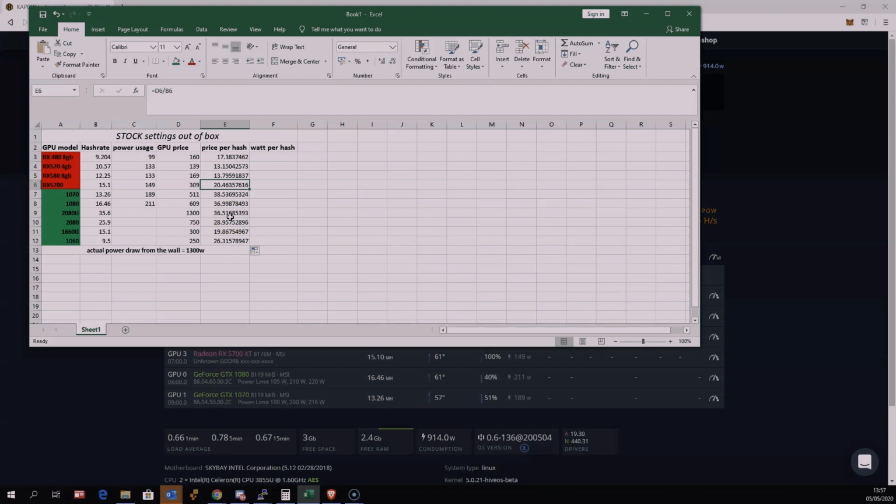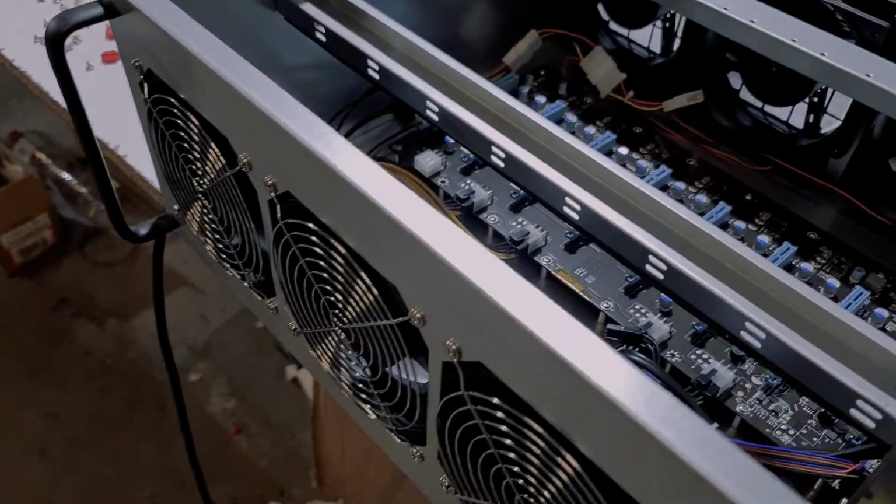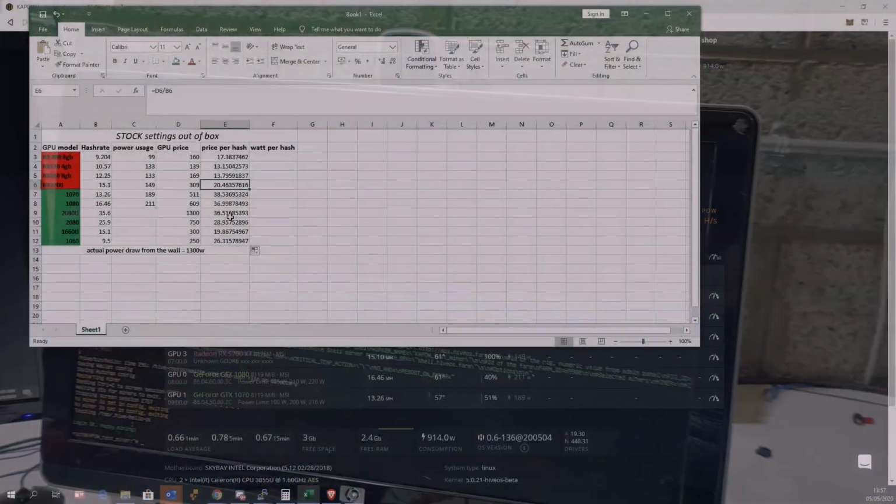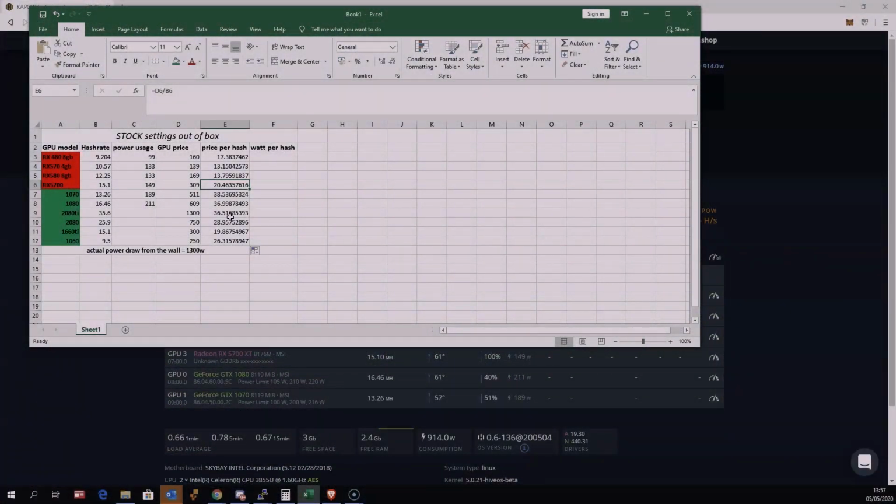If you are calculating this on price per hash on the stock settings out of the box, it's surprising to see, because many people were saying the AMD cards won't be any good for the KawPow mining algorithm, but it looks like they are quite efficient compared to NVIDIA cards. So it's good to see. I'm quite excited about this new mining algorithm, because Ravencoin is a quite nice coin, and I have been mining it in the past when it was profitable with GPUs.